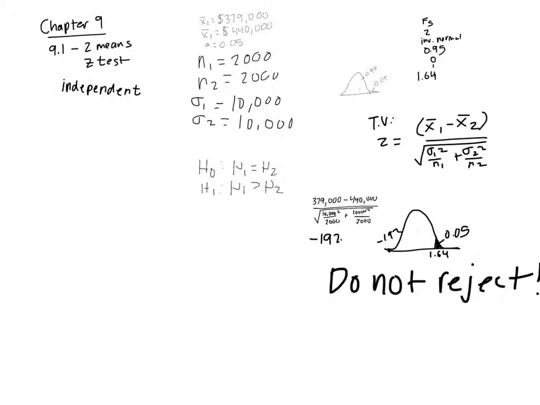So basically what this means is we can write a statement, and this means that we do not have sufficient evidence, which is kind of weird because the numbers seem like it went from 379,000 to 440,000, but the way it worked out when we ran the test, we didn't reject because it didn't end up in that region above 1.64.